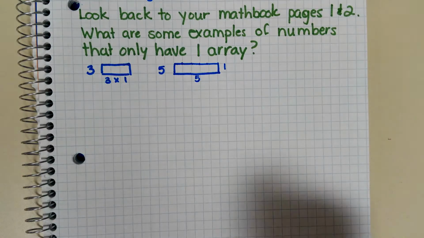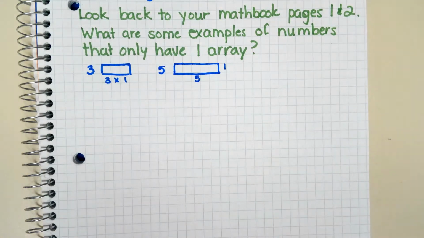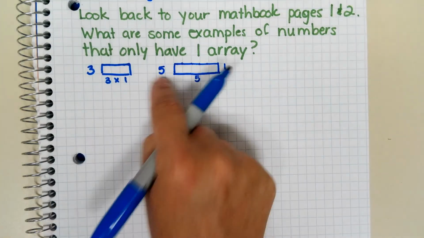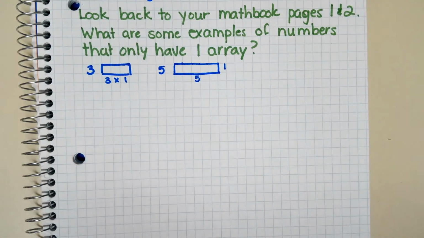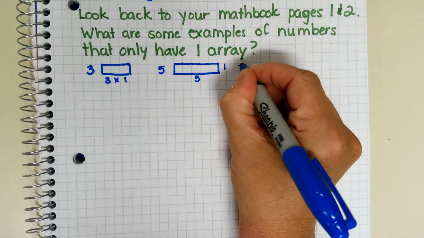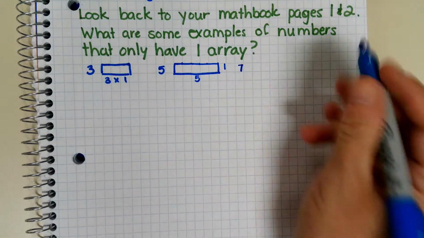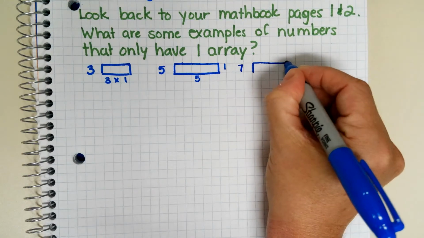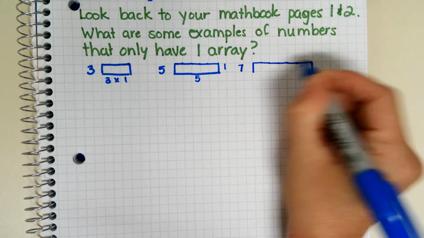All right, let's go ahead and look at another number. Now you may notice that these numbers are odd numbers, right? So let's see if other odd numbers help us out. What about the number 7? 1, 2, 3, 4, 5, 6, 7.